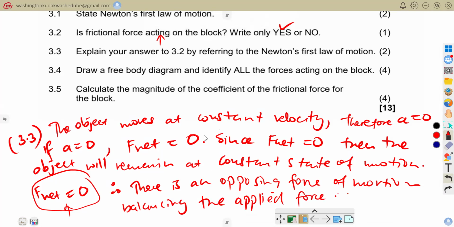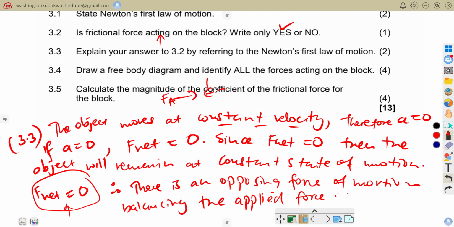You are explaining in terms of the fact that the object moves at constant velocity. Once the object moves at constant velocity, its acceleration is equal to zero. Once the acceleration is equal to zero, F net, the net resultant force, is equal to zero. Therefore, for F net to be equal to zero, when we have an applied force on that object, there should be an opposing force of motion.